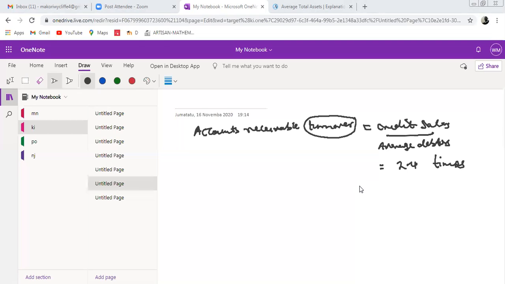Anybody with an area that he or she feels needs additional attention? Partnership accounts. Yes. Okay.